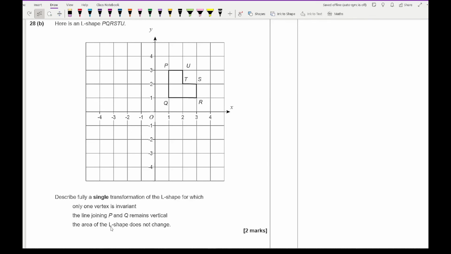So first, I'll show you, answer 1 is that it's going to be a rotation of 180 degrees with a center of either P, Q, R, S, T or U. So any of those letters, obviously only pick one.